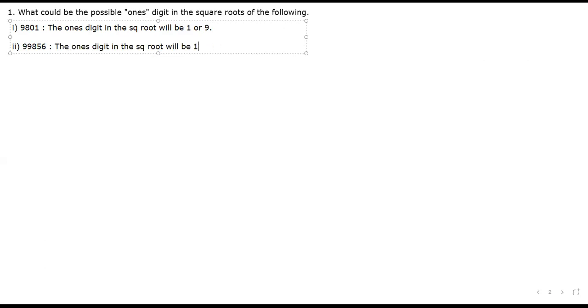So it could be 4 or 6, because 4 square also ends with 6 and 6 square also ends with a 6. So the square root of a number ending with 6 could be either 4 or 6. Next number 998001. 1 or 9. Again 1 or 9. Correct.